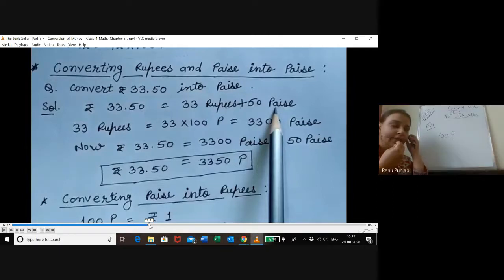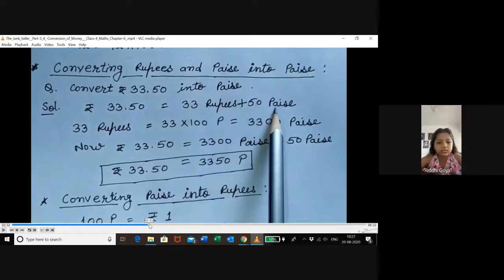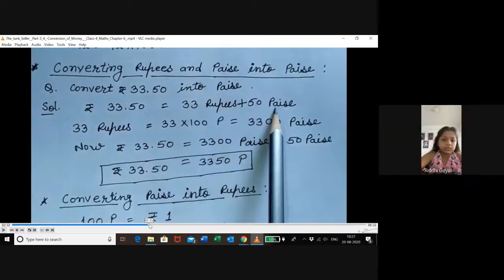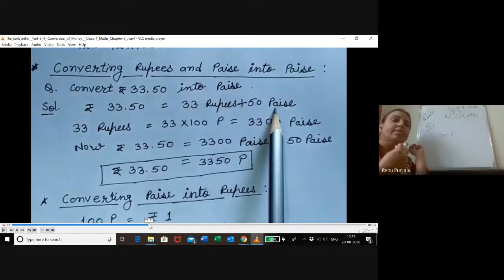So Riddhi, when we were small, we had small coins of 10 paisa, 20 paisa, 25 paisa. Please switch off your microphone. A shopkeeper told me that this chocolate is 1 rupee. Can you hear me, Riddhi?